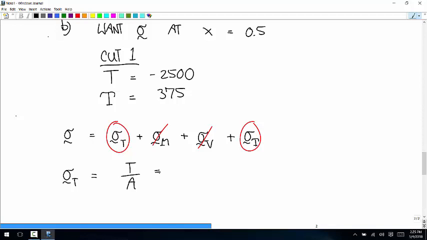And I guess I must have given a cross-sectional area in class. Okay, so we got negative 2,500 divided by 0.00125.